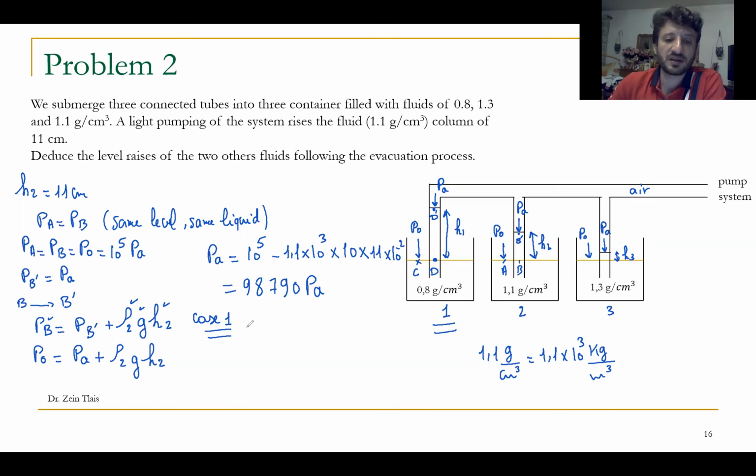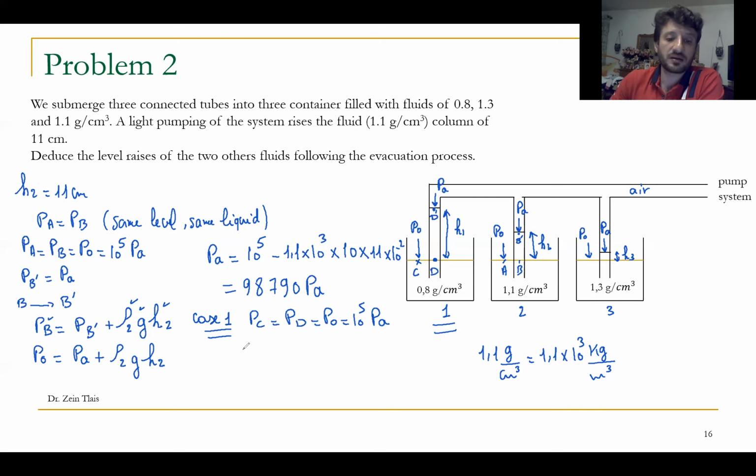So between D and D prime, first of all, we have PC equals PD equals P0, which is equal to 10 power 5 Pascal.